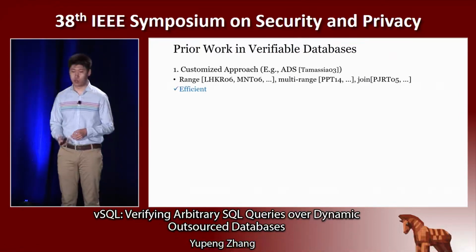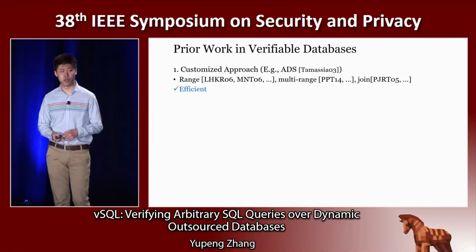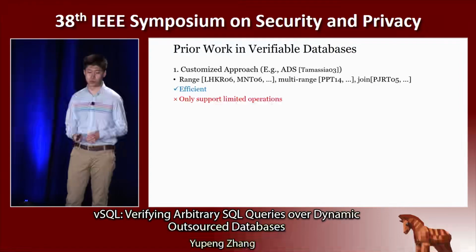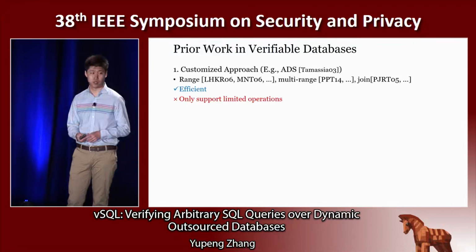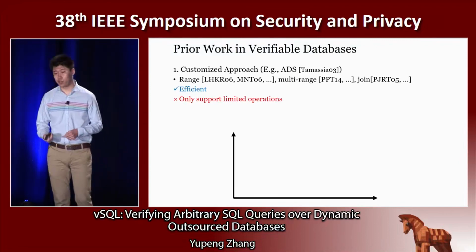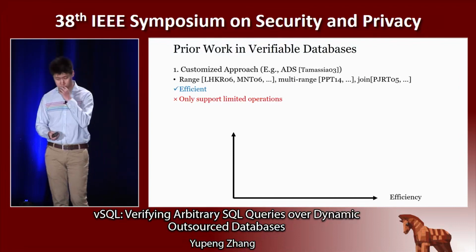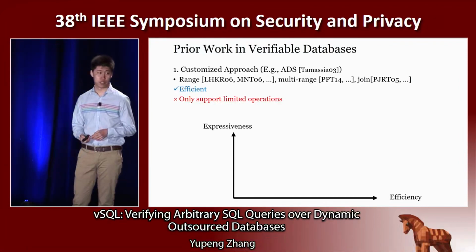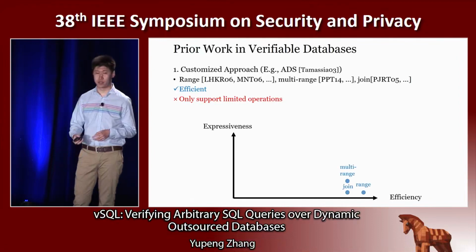The good thing about this approach is that it's usually very efficient. But the drawback is that it only supports limited operations, and that's why it's called the customized approach. If we draw a plot where the x-axis represents efficiency and the y-axis represents expressiveness, this work can be placed on the bottom right.